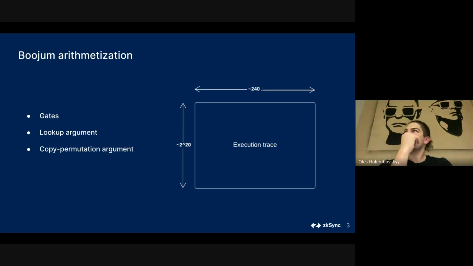Yes, it's better to make it as small as possible, but why do we need at least 240? It's because of some gates. We will move to the gates. Some gates are very wide.